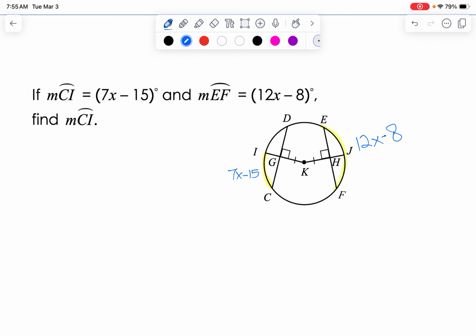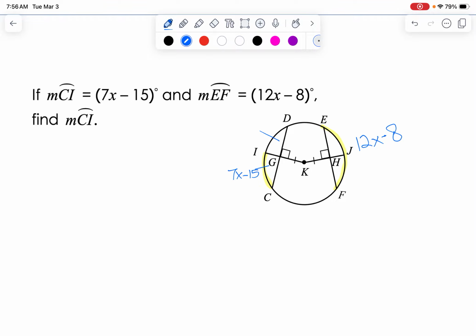Okay, well, on the one side of this, I know that the two arcs, if I went arc DC, so if I went from here to here, that would be the same as E to F, right? But I only have half of that. So I'm going to have to double 7x minus 15, okay? And I remember these are the same because I have the information that it bisects.